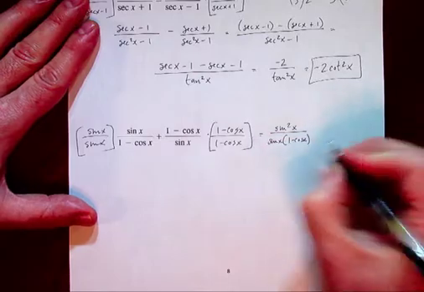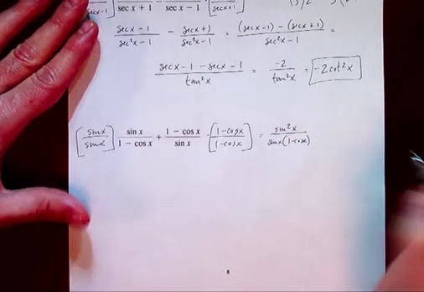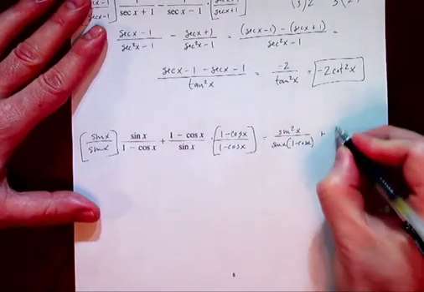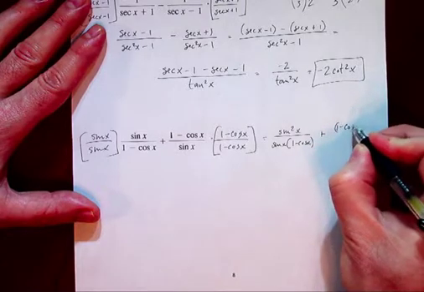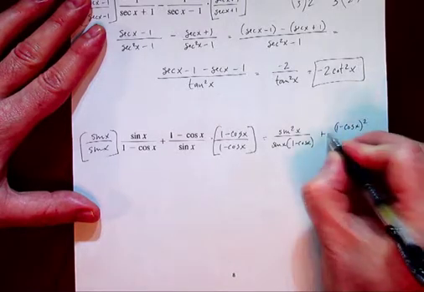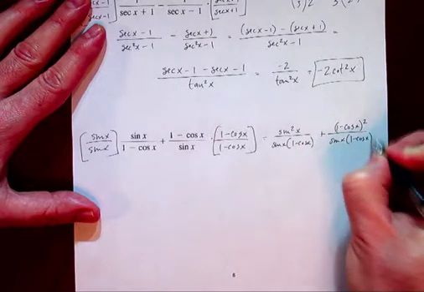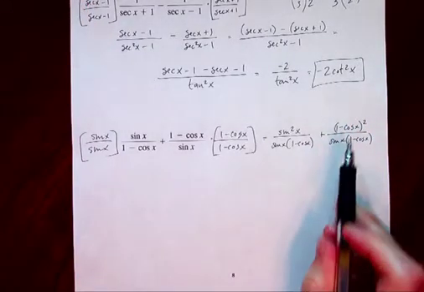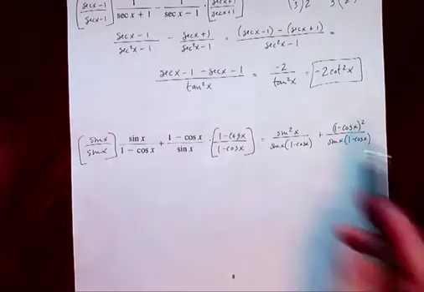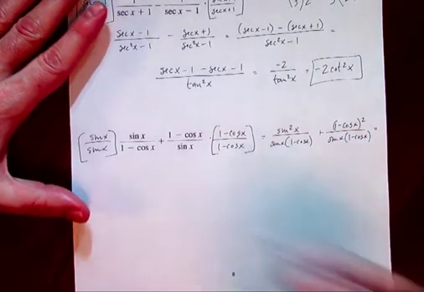I'm going to leave it in factored form in the denominator. I have this suspicion that something's going to cancel. 1 minus cosine x squared over sine x, 1 minus cosine x. Now, don't you dare distribute that exponent, okay? That's one of those pet peeves.